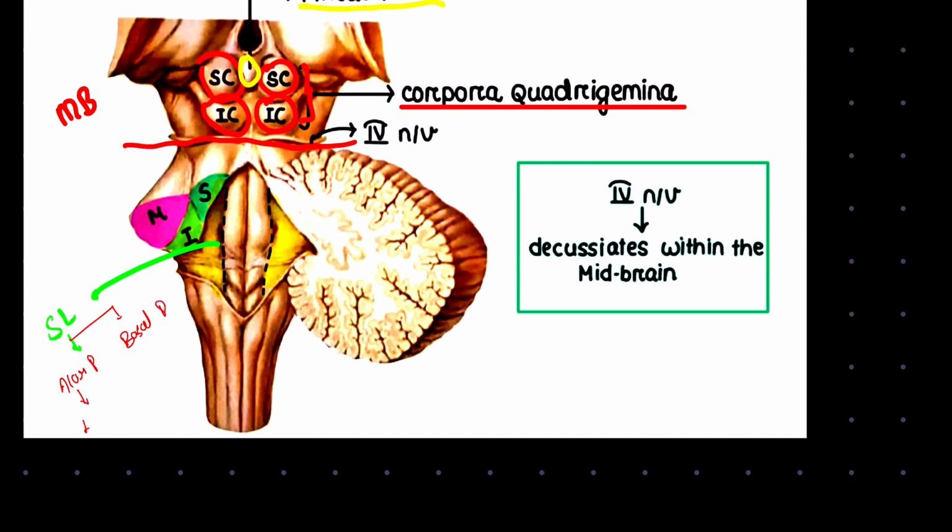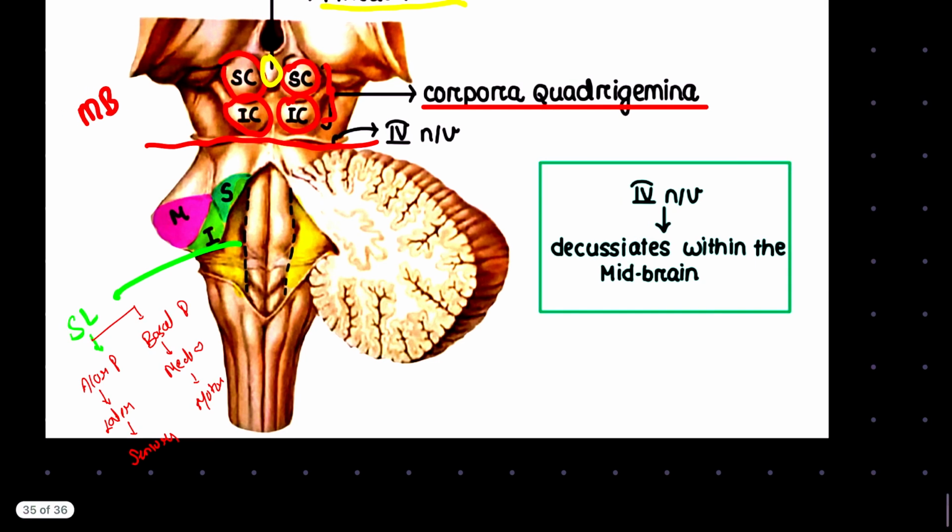The alar plate is lateral and sensory in nature, and the basal plate, the medial one, is motor in nature. So here, this is our sulcus limitans, which will separate the lateral and medial parts.